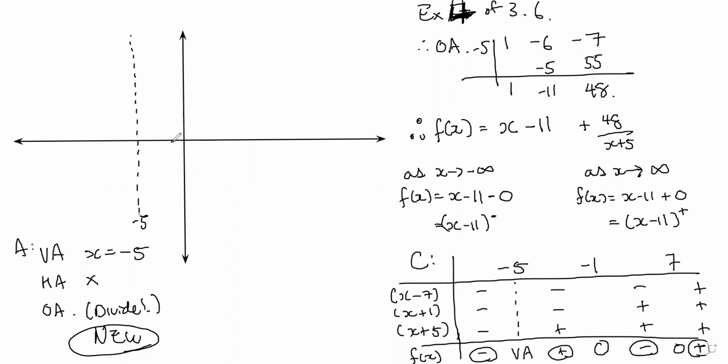A 0 at -1, a 0 at 7, these are my x-intercepts. My y-intercept is -1.4, right? So somewhere around here. I made a mistake. -7/5 is -1.4.